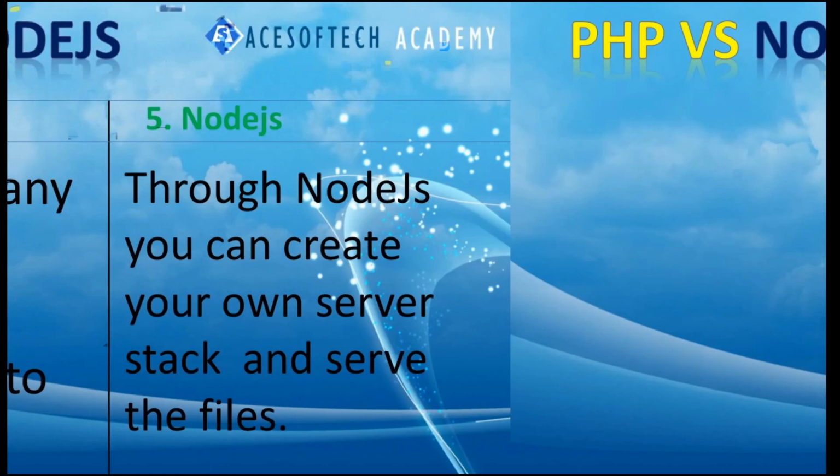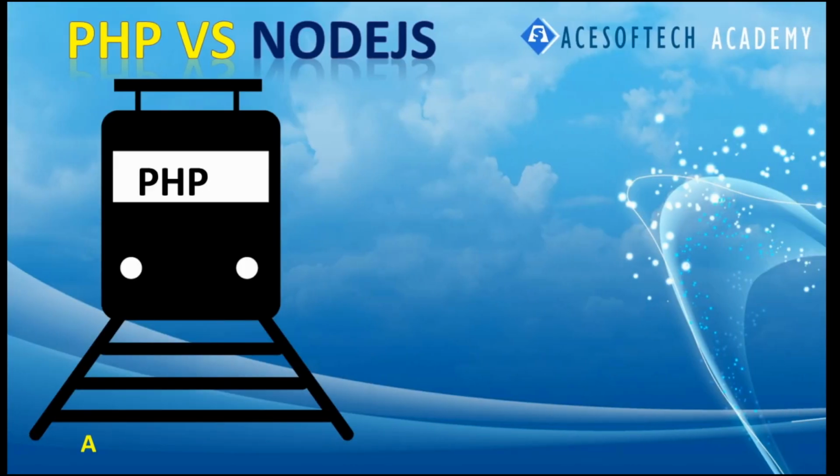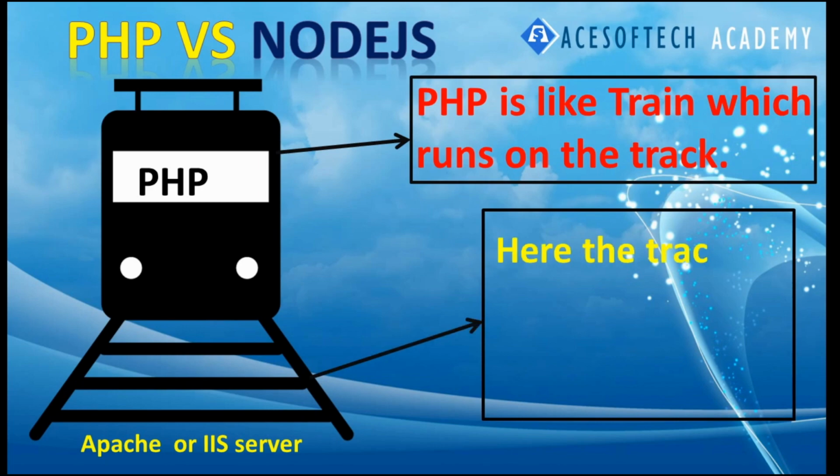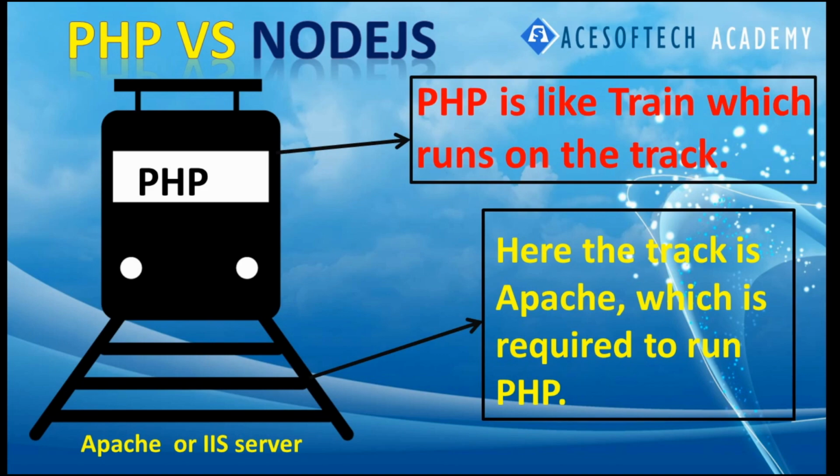Let's see an example to better understand it. In this figure you can see that there is a train and a track. Here PHP is like a train which runs on a track. That means PHP requires some track to run the train.